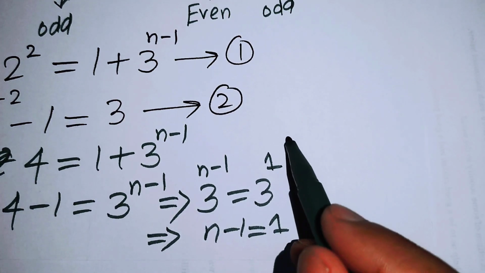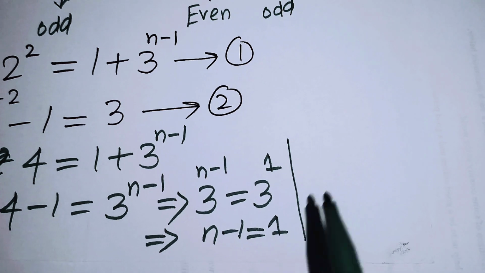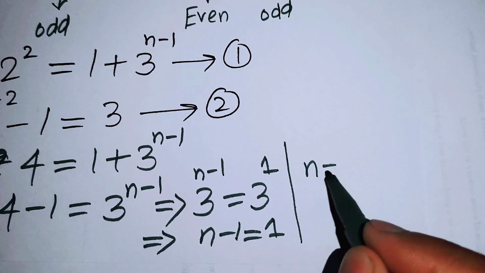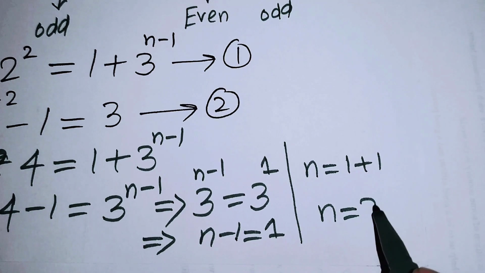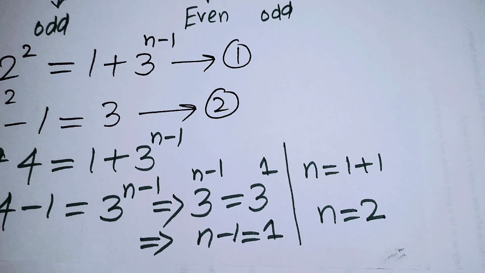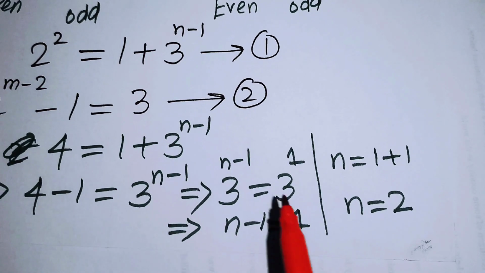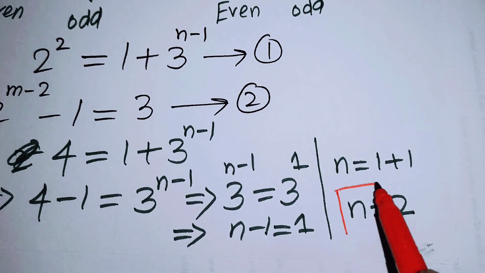When we move this minus 1 to the right hand side, you get n is equal to 1 plus 1, and finally you get n is equal to 2. So n equals 2 is the first value of this equation.